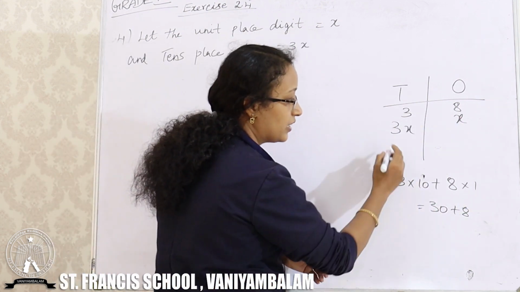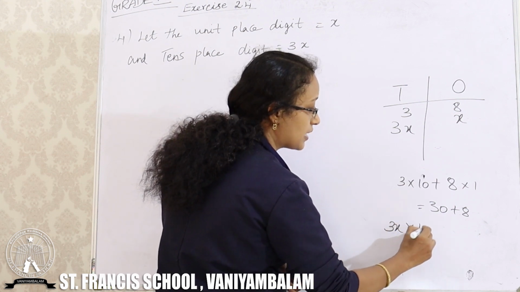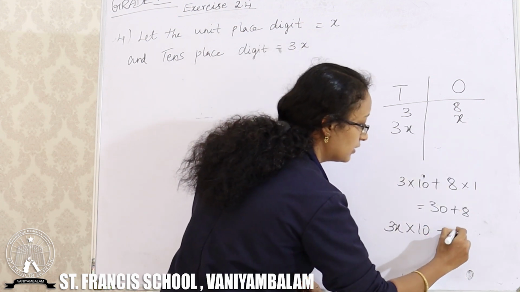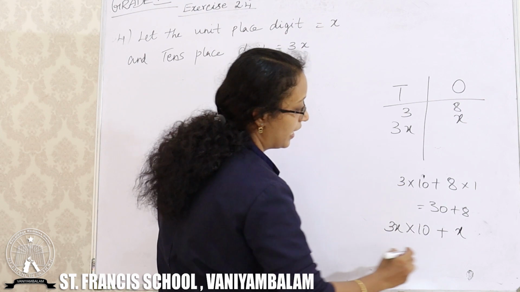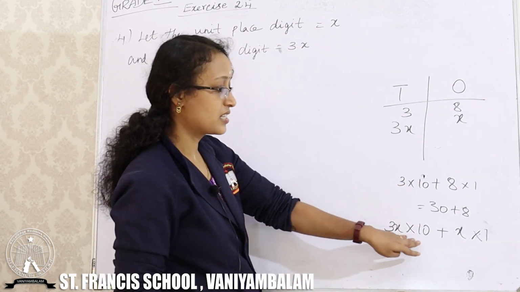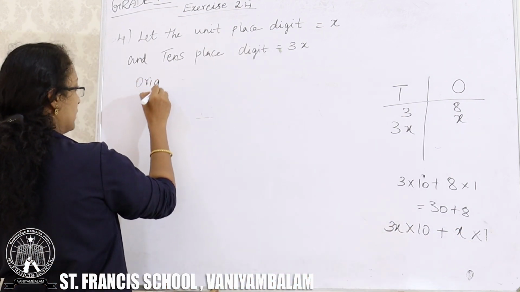Same we are going to write here: 3x into 10 plus x into 1, that is your original number, right?